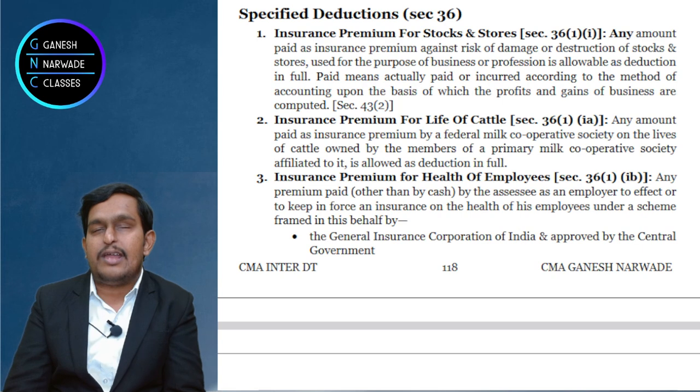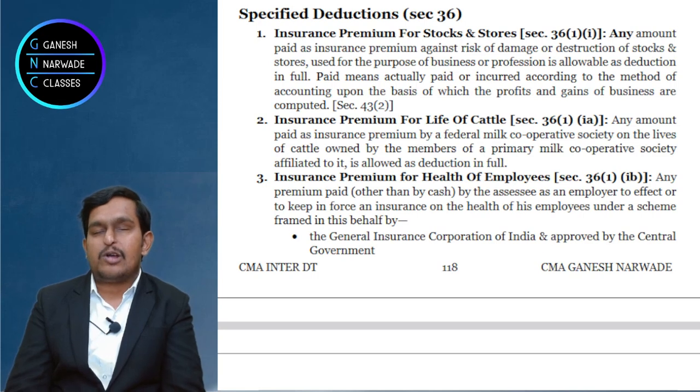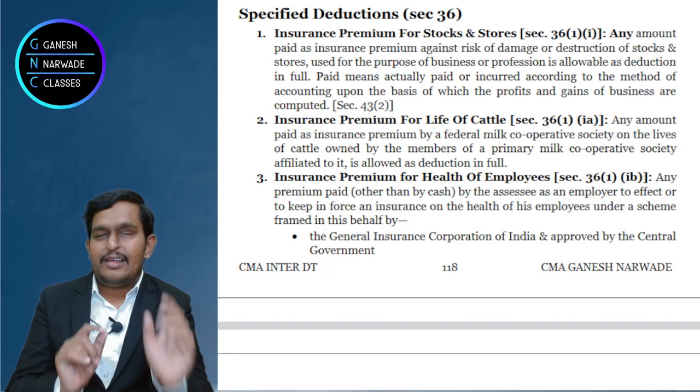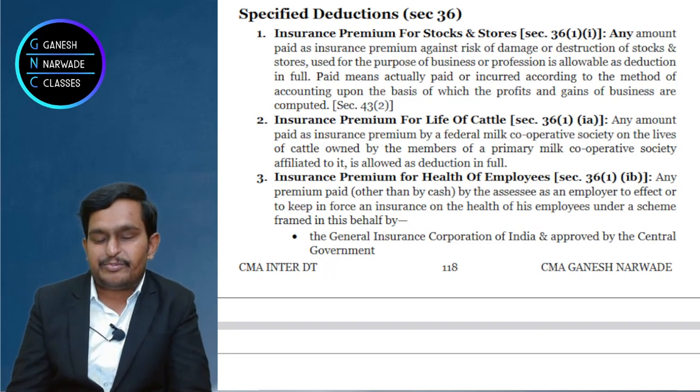Insurance premium on health of employees, under section 36 subsection 1 clause 1b. Now I am talking about health insurance. See, life insurance is different. Health insurance is different.